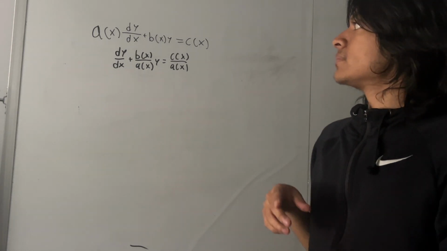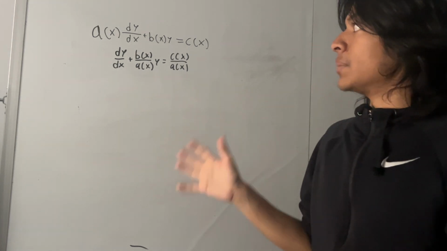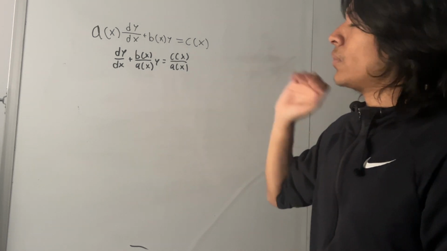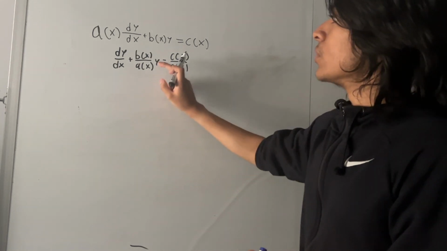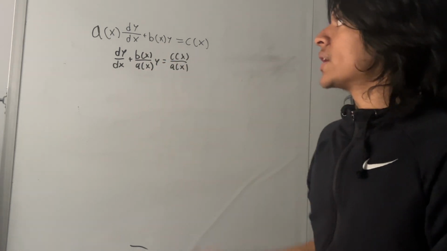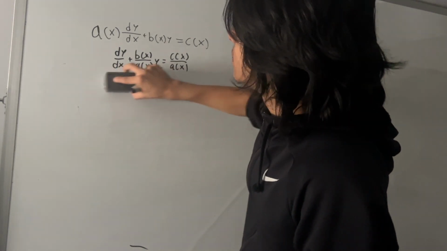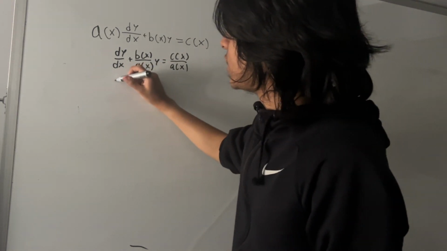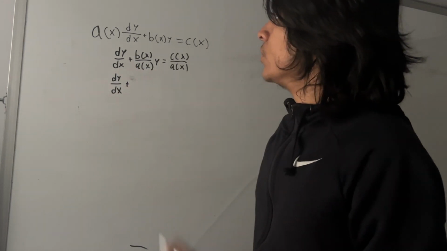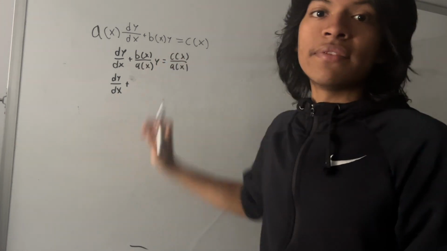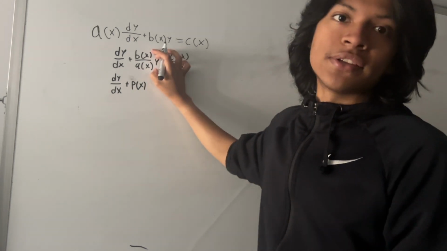Now at this point, we're going to make this problem a bit simpler for us. We're going to crunch it up. So this dy dx stays the same, but this b of x over a of x, we're going to turn into a new function p of x, because this is still in terms of x.